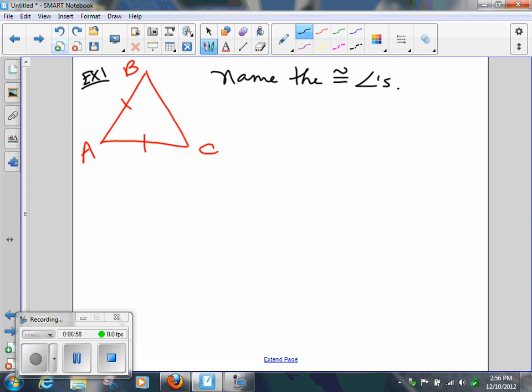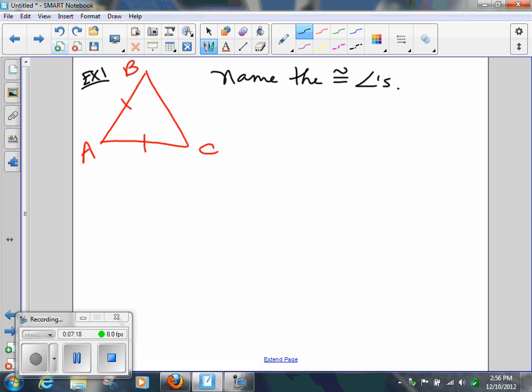That's what you're given. Side AB is congruent to side AC. Tell me which angles are congruent. A and C? Okay, oh, B and C.